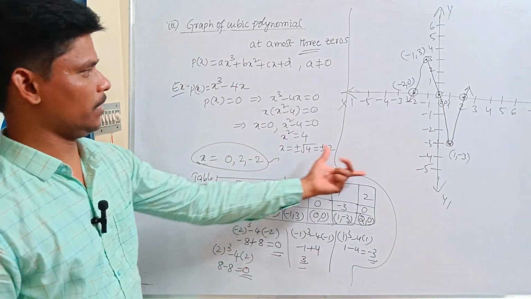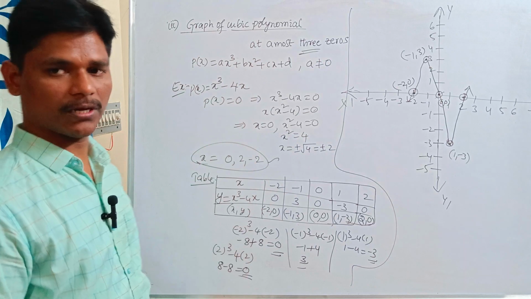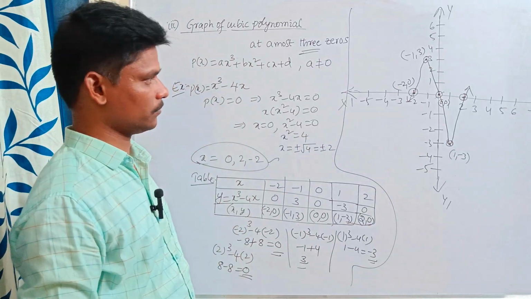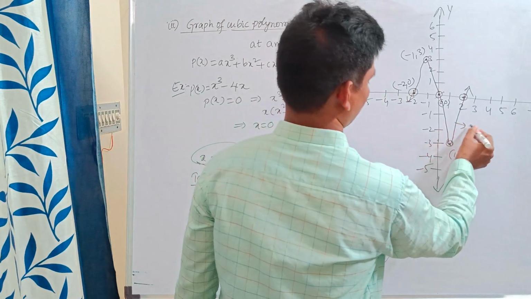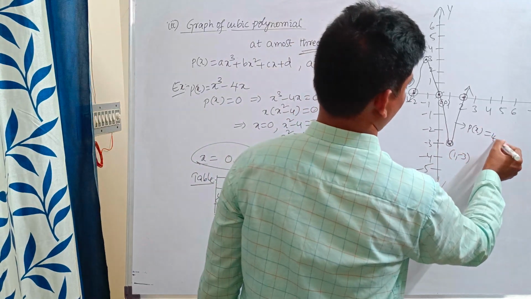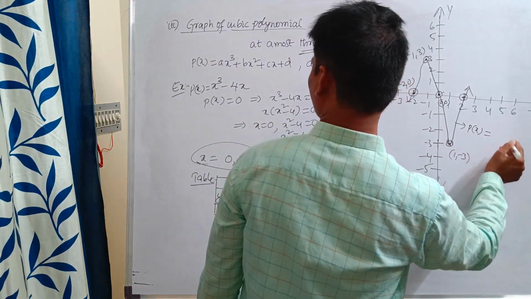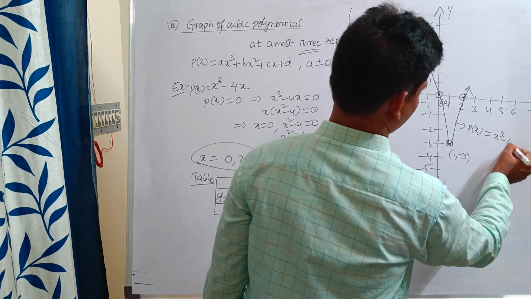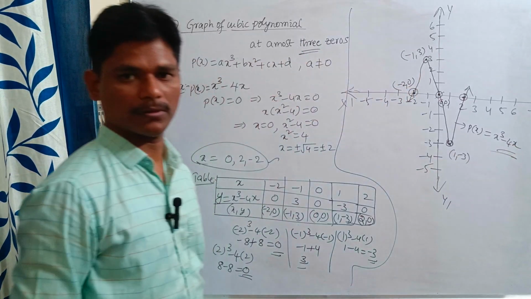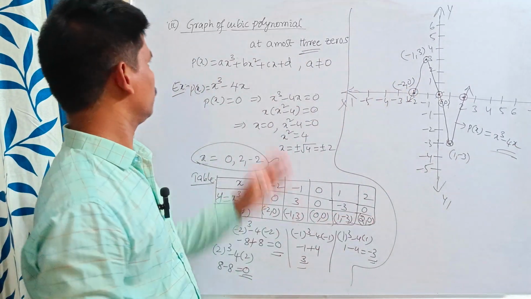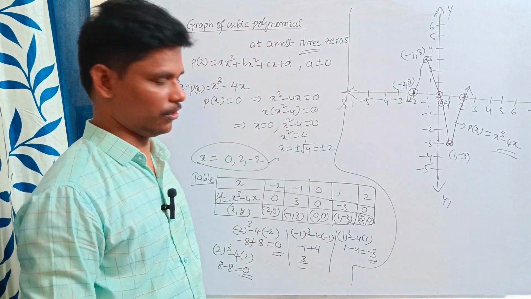So that is the graph of the cubic polynomial. This graph is p of x equal to 4x cube minus 4x. So this is about the graph of a cubic polynomial.